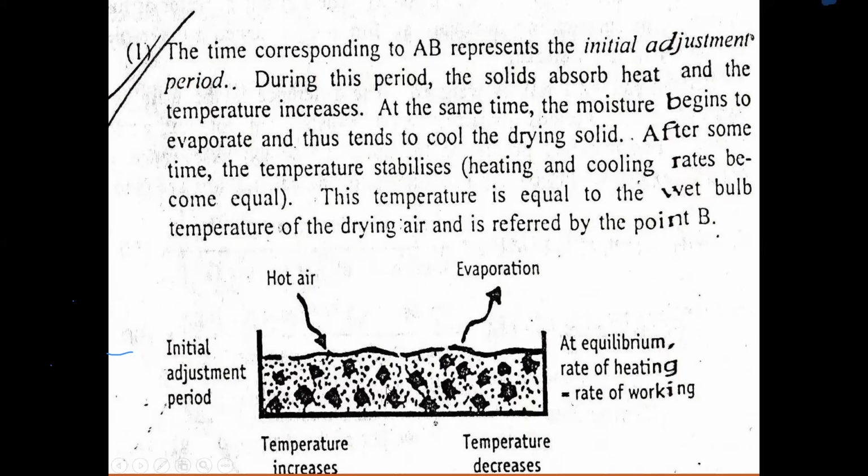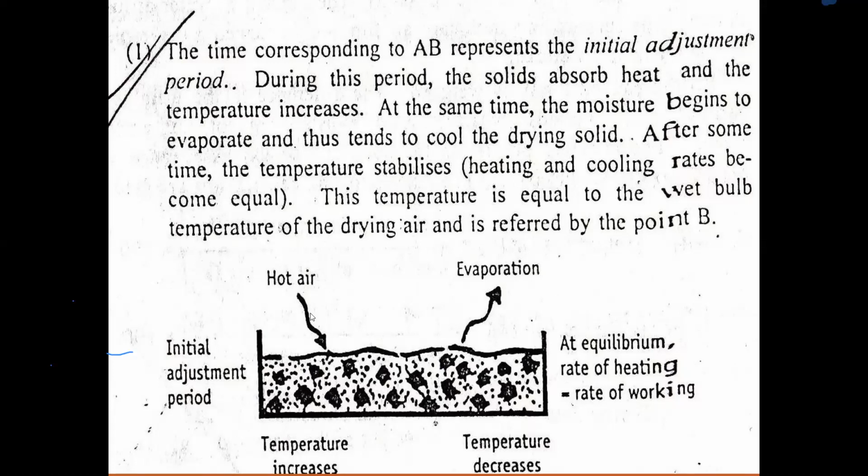But at the same time, the water inside the solid comes to the solid surface and evaporates. There is evaporation of moisture from that surface, so the temperature is decreasing.